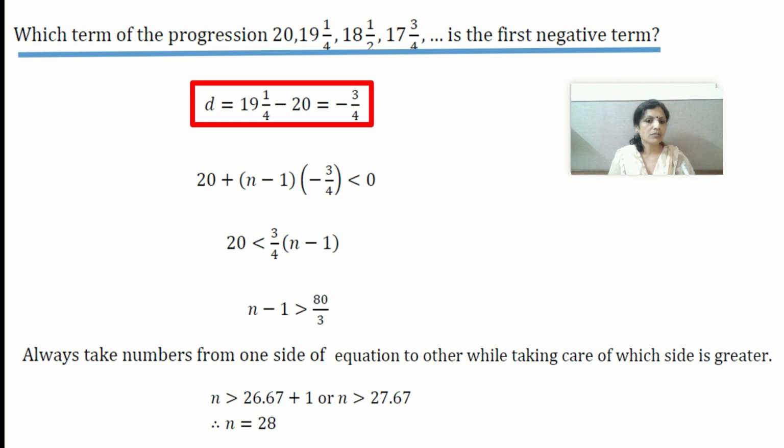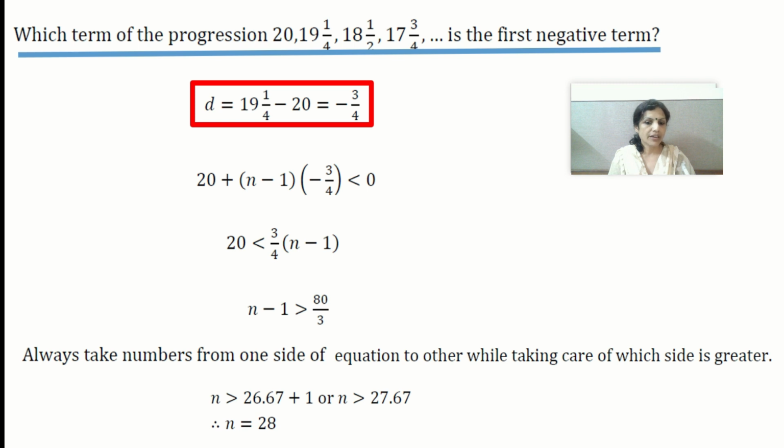We have done cross multiplication there. 4 into 20 is 80, and upon 3. So always take numbers from one side of the equation to the other while taking care of which side is greater. So this is the rule for you. You need to find out which side is greater. So now, we have to shift this minus 1 to the right side.